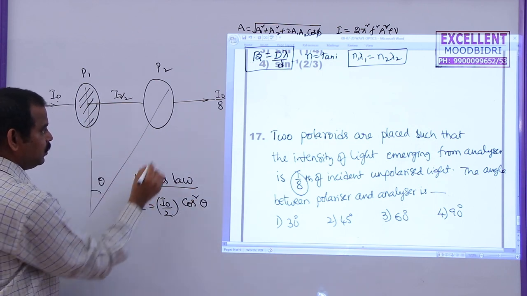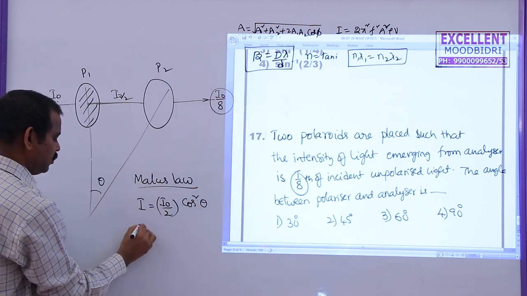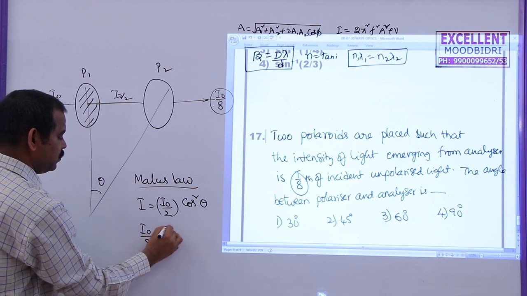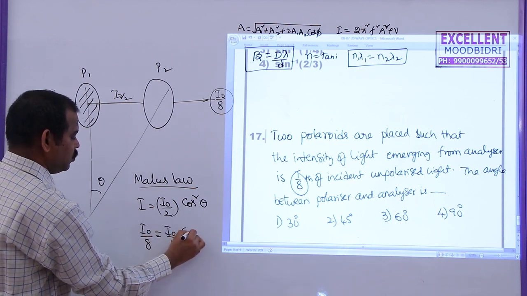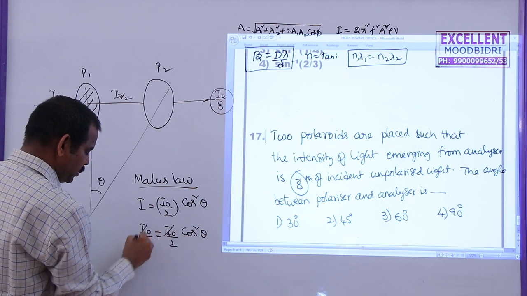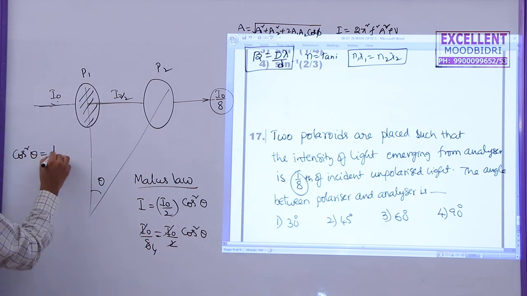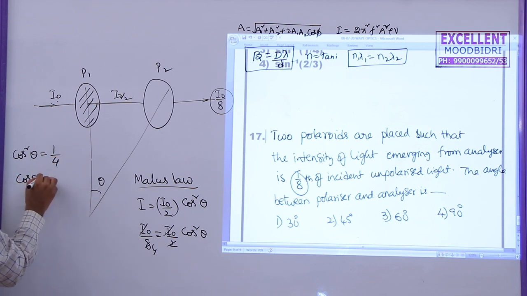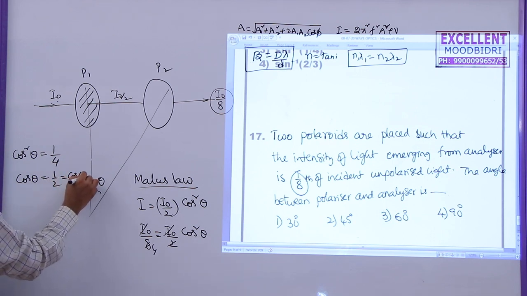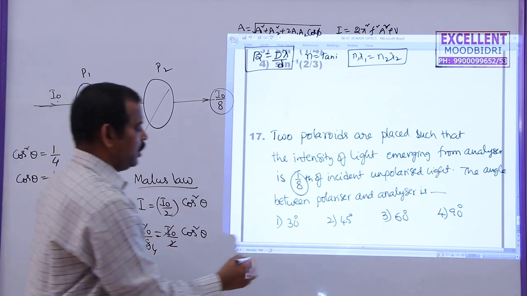It is given that this intensity in this problem is I naught by 8. This is I naught by 2 cos square theta. I naught cancel, 2 ones are 2, 4s. So cos square theta is 1 by 4. Cos theta is plus or minus 1 by 2. Let me take the positive value. Cos theta is this one. So theta will be 60 degrees. Option 3 is correct.